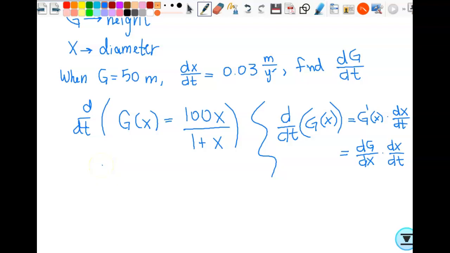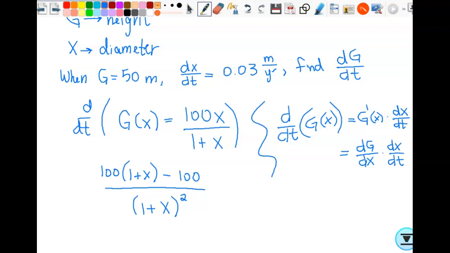So what do we got? Derivative of the top, 100, times the bottom, minus, what comes next? 100x times the derivative of the bottom, which is just 1, all divided by the bottom squared: 1 plus x, that quantity squared. So guys, there's your dg/dx.